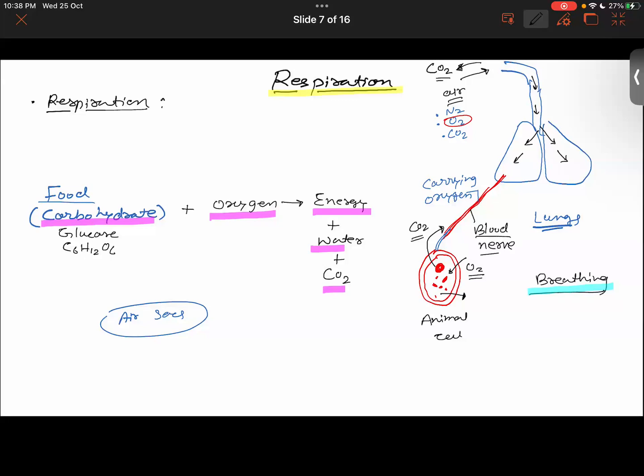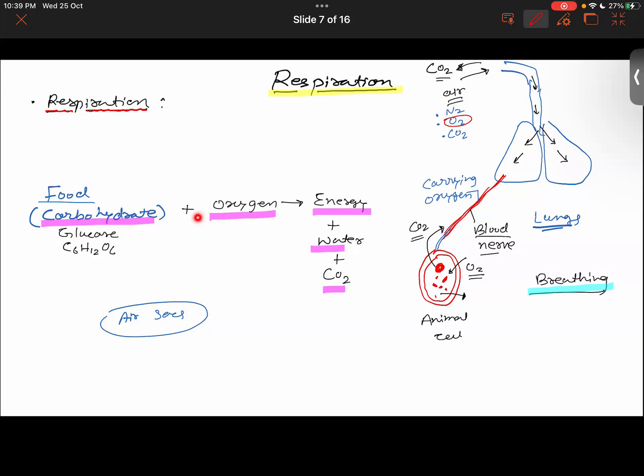Is respiration clear to you or not? If not, I will explain it again. Yes, sir, it is clear, but I don't know how to explain it. It's simple. What is being broken down in our body? Food.